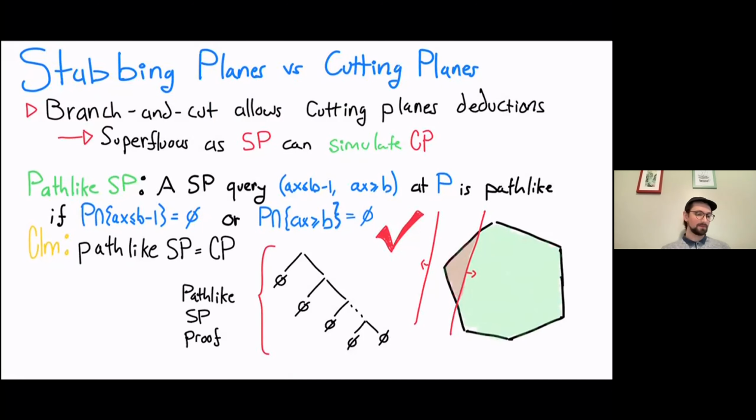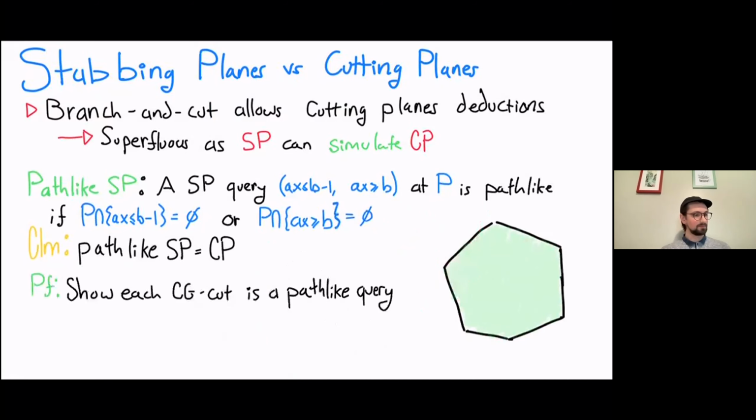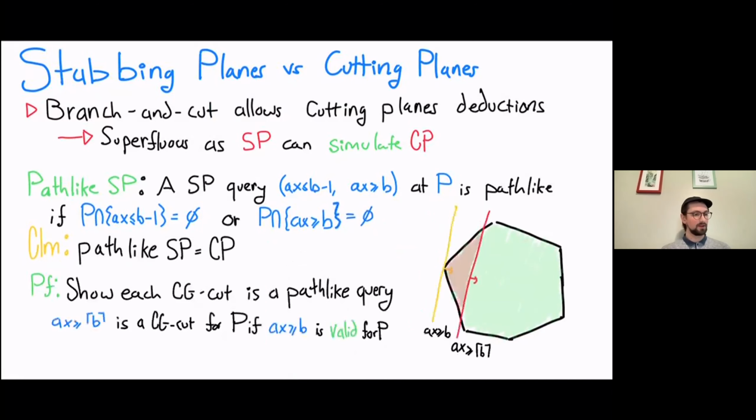In order to show that path-like stabbing planes is equal to cutting planes, you have to show that every CG cut is a path-like query. So here's a CG cut. There's the valid half space, say ax greater than or equal to b, and you round it.